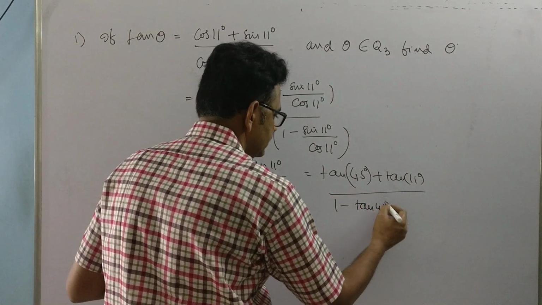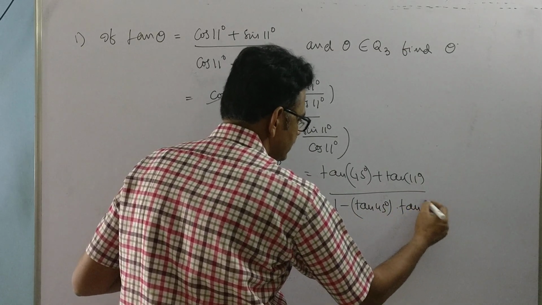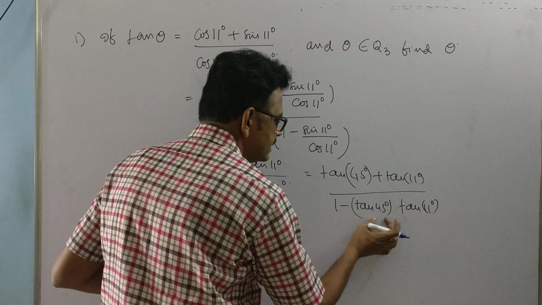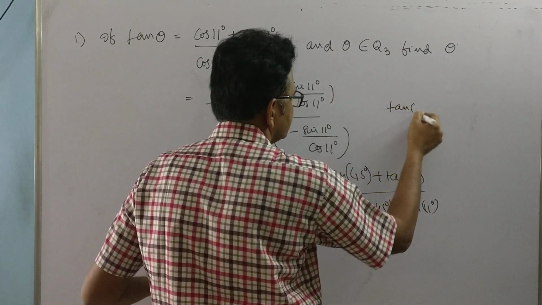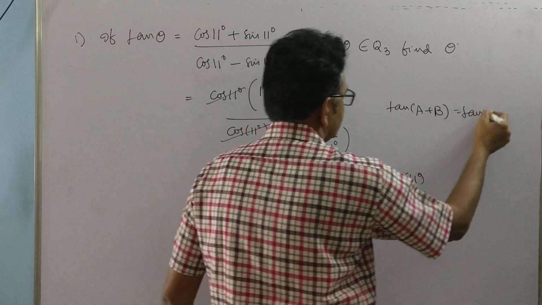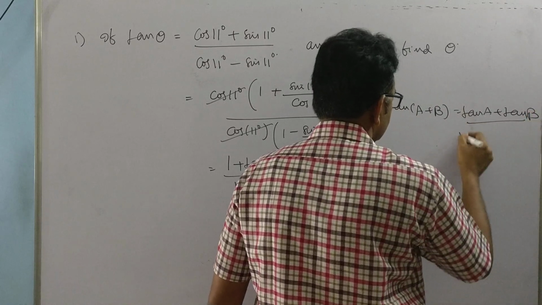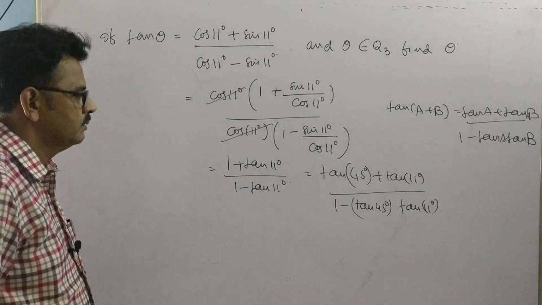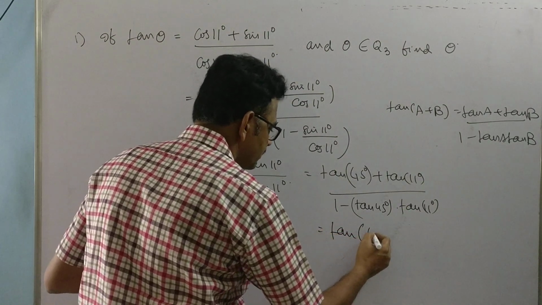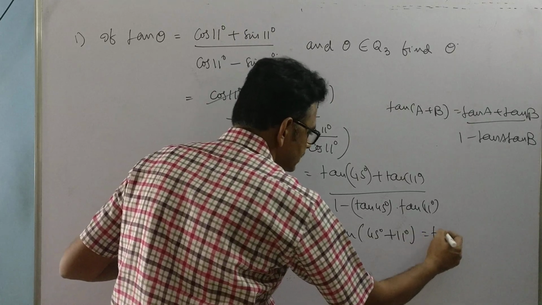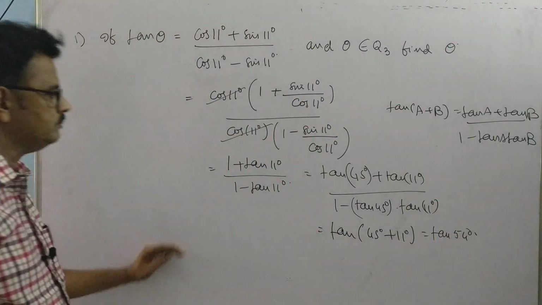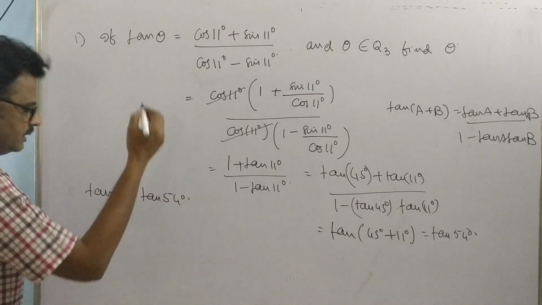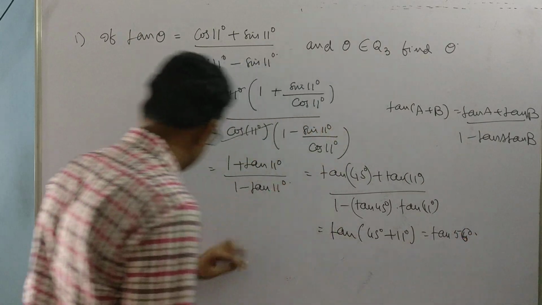This is of the form (tan A plus tan B) by (1 minus tan A tan B), which is equal to tan of A plus B. So this is tan of 45 degrees plus 11 degrees, which is tan 56 degrees. Therefore tan theta is equal to tan of 56 degrees.